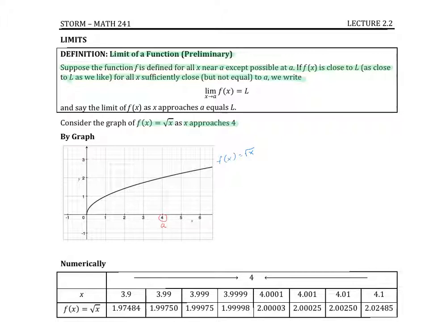Well, that depends. If our x values are getting closer and closer to 4 from the right-hand side, then on our graph, we can see the y values are getting closer and closer to 2.